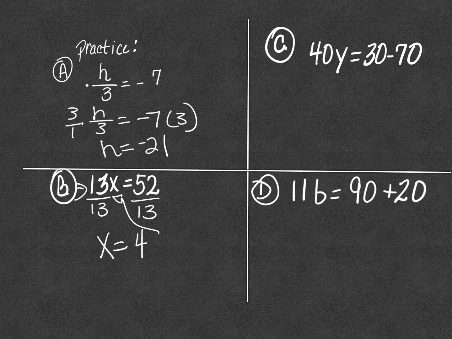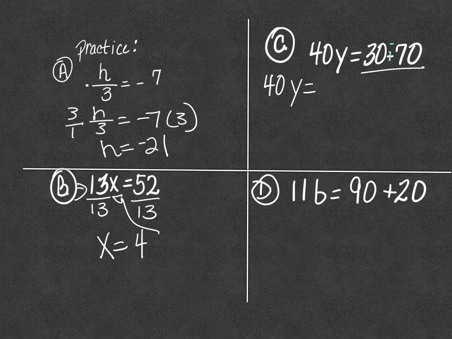Let's go up here to C. This time I've got to simplify first. In this instance, I have to add a line, change the sign. Or you can leave it the same if you just know. But 30 minus 70, we know we're going to get a negative because 30 is smaller than 70.